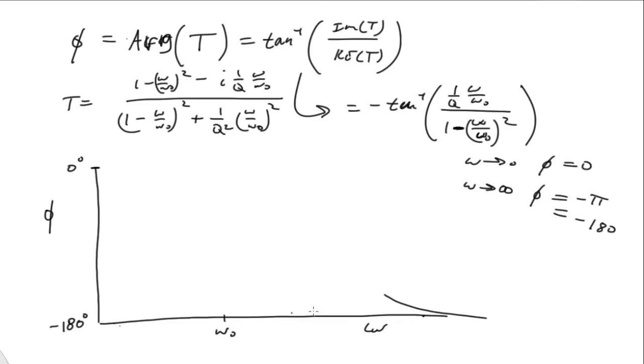But what about that omega naught case? We see there we have a division by 0. So the tangent of this argument, y over x, those being my imaginary and real parts respectively, is going to be tangent infinity, and it's going to be heading towards negative 90 degrees.